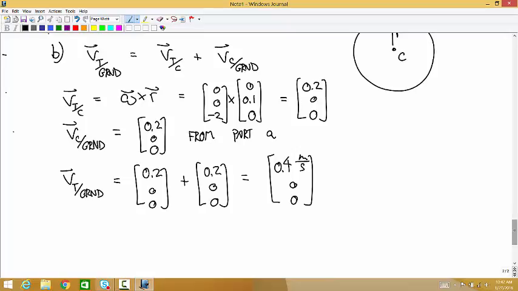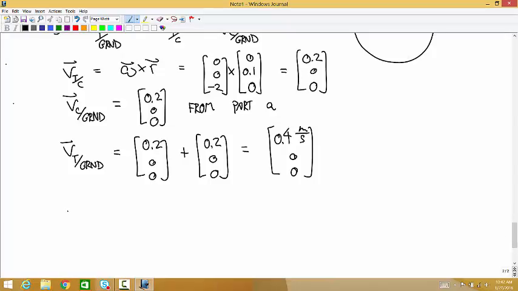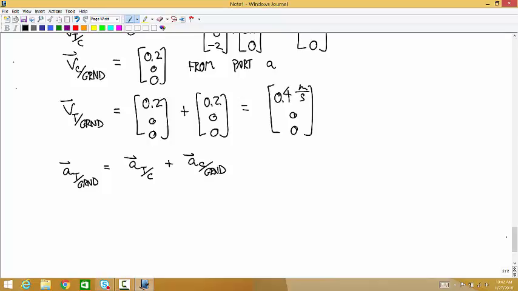And then for the acceleration, the acceleration of the top relative to the ground is equal to the acceleration of the top relative to the center plus the acceleration of the center relative to the ground. The acceleration of the top relative to the center, that's circular motion, so that's alpha cross r plus omega cross omega cross r.